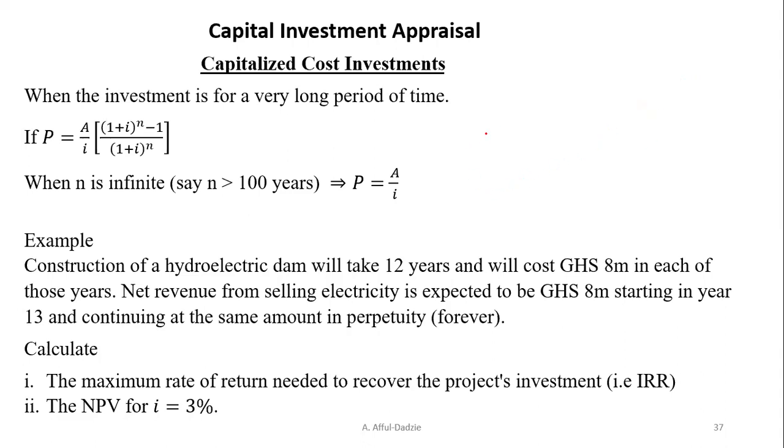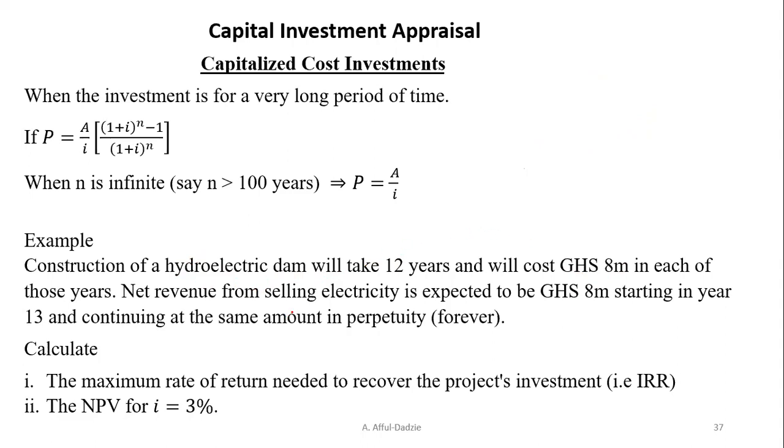So if you have any infinite cash flow, we give an example like this: the construction of a hydroelectric dam will take 12 years. It will cost 8 million in each of those years.